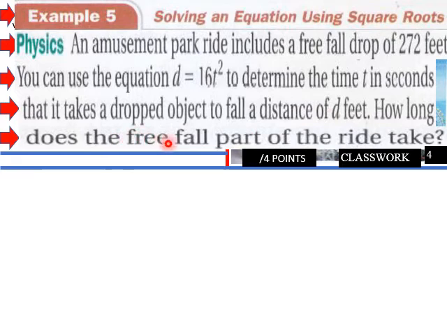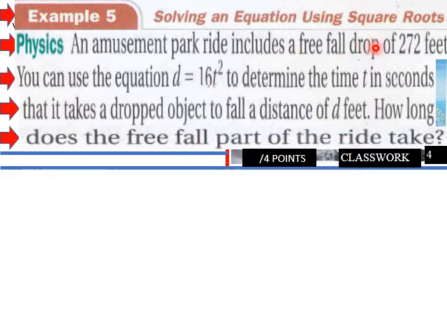How long does the free fall part of the ride take? So here's distance and here's time over here.